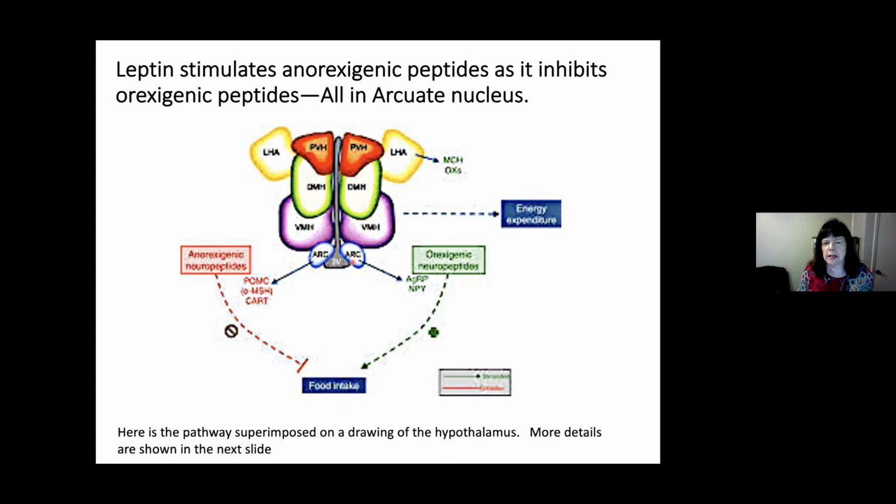It's right on either side of the base of the third ventricle. You can see that here, called the arcuate. Now, I told you that the ventral medial is important in obesity. Well, some of these pathways that I'm talking about are in these other areas that inhibit appetite.